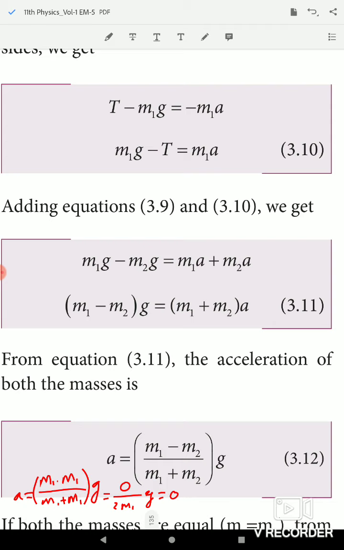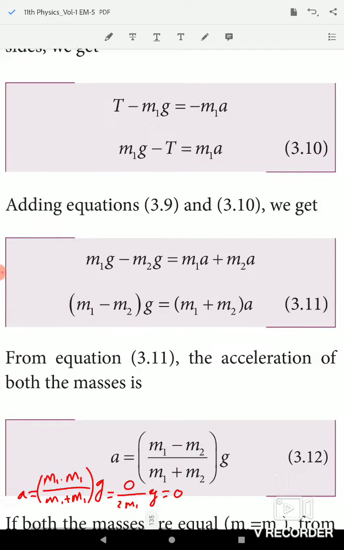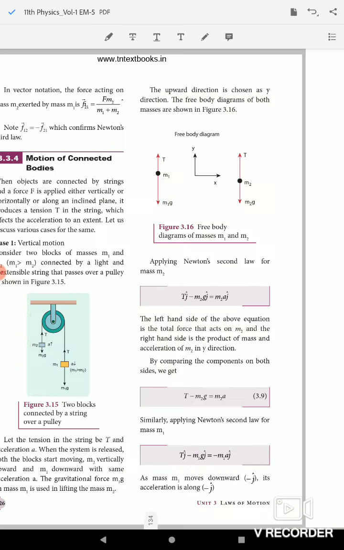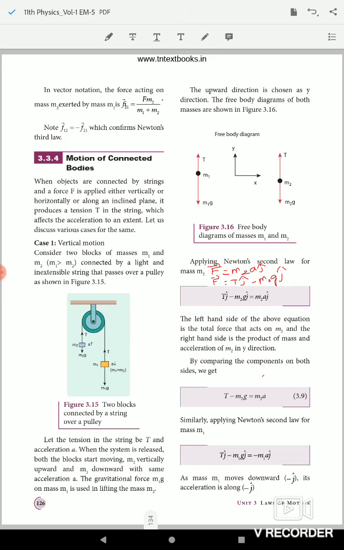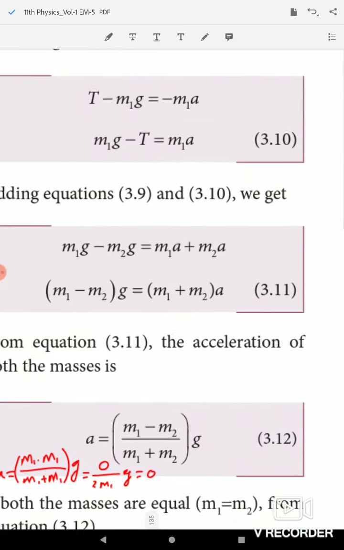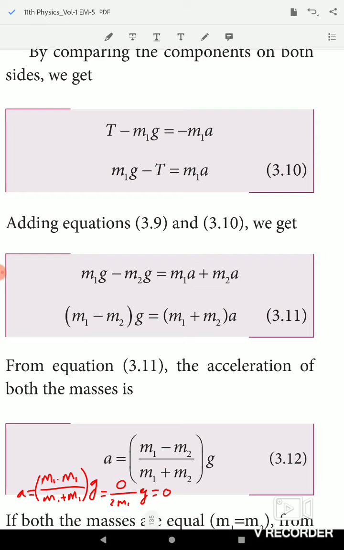Adding these two equations, T minus M2g equals M2a and M1g minus T equals M1a, you get M1g minus M2g equals M1a plus M2a.